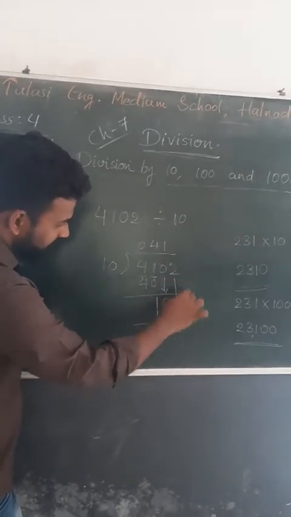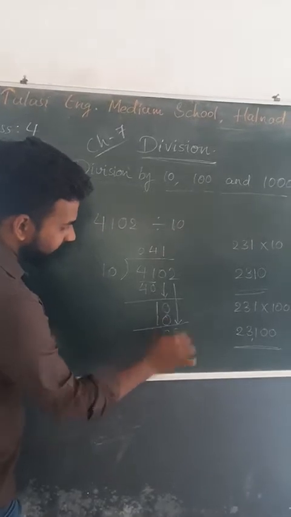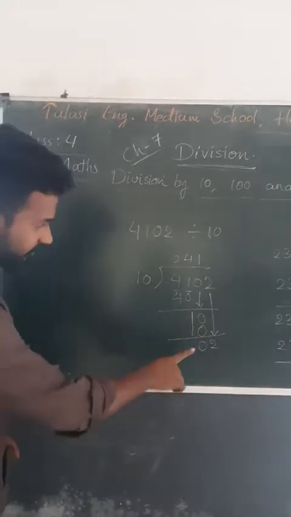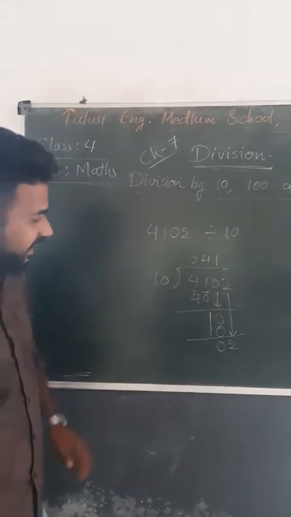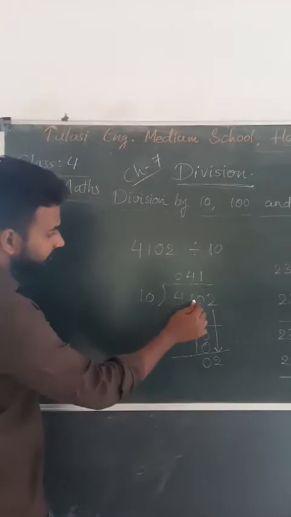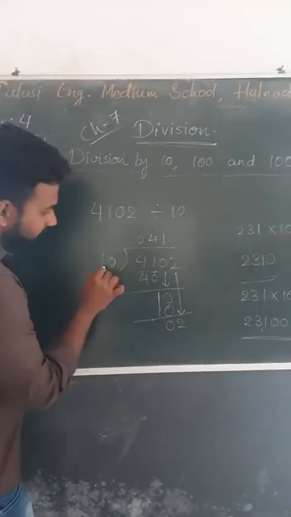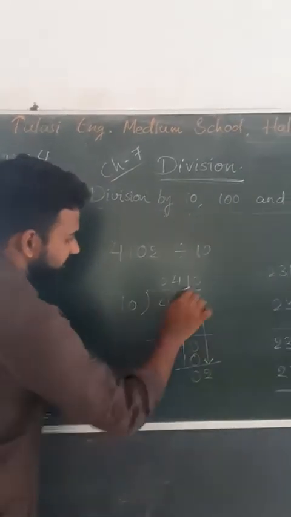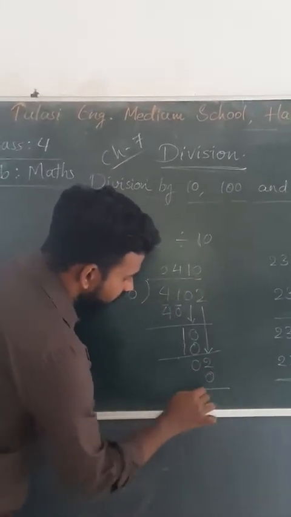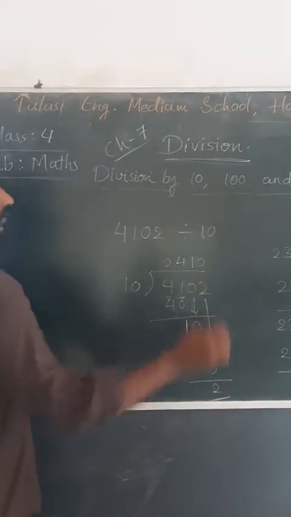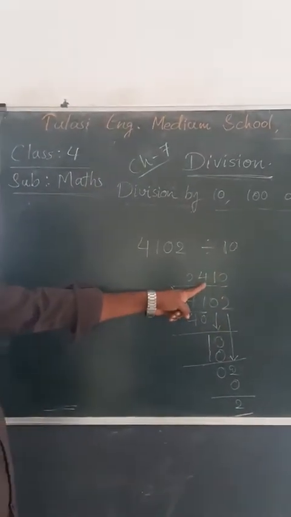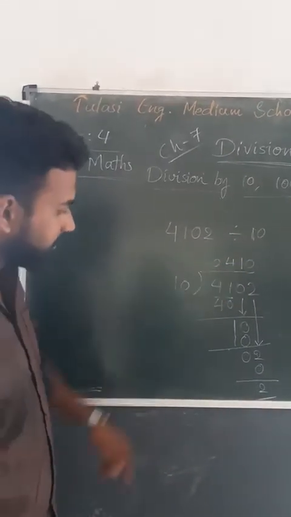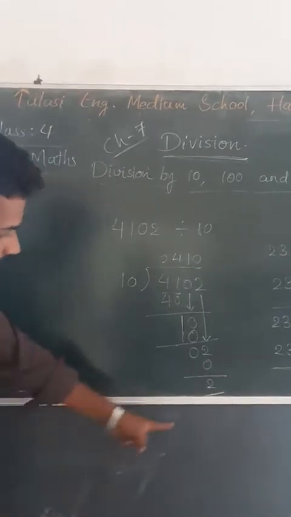When you bring down a digit, you have to divide. 2 is smaller than 10, so we can't leave 2 as the remainder directly. 10 into it is 0 times, so we have to divide. 10 into 0, 0. Now the result is 410, not 41. 410 is the quotient. Remainder is 2.